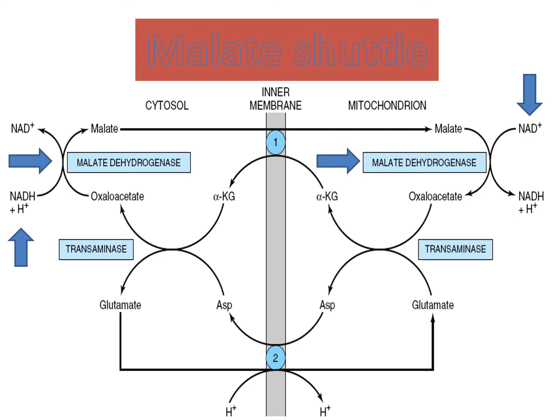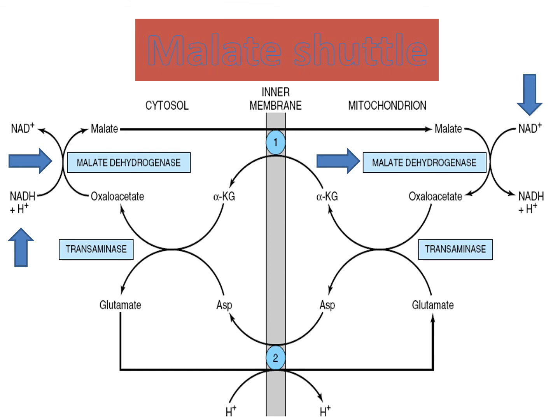When malate is converted into oxaloacetate, it releases its hydrogen. This hydrogen is taken by NAD plus to convert it into NADH, and the NADH through the respiratory chain produces 2.5 ATP.